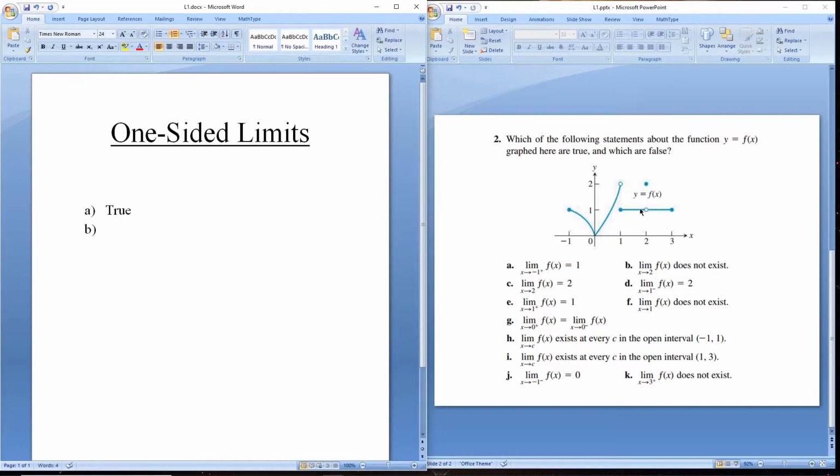And so this limit does exist on both sides. Both sides it equals 1, actually, is the height there. And so this statement is false. It says the limit does not exist. That's false. The limit does exist at 2. The limit always exists at holes.